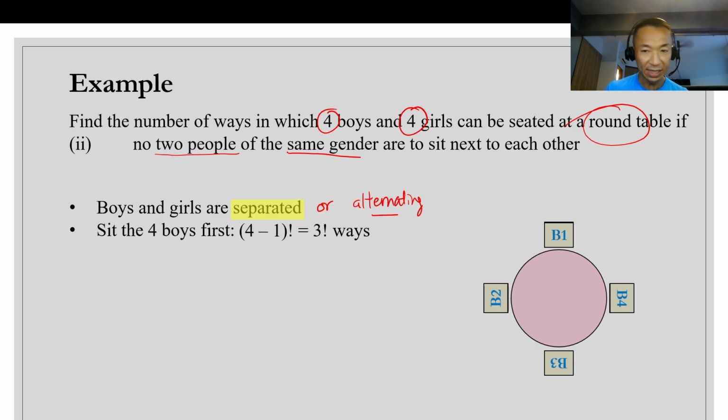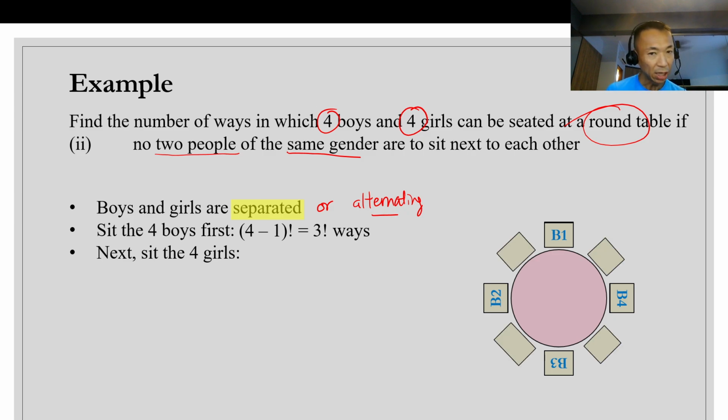Now, after you have seated the boys like that, B1 to whatever, this is one particular arrangement, then you will sit the 4 girls. The 4 girls cannot be seated anyhow. They must be in between any 2 boys. So you have actually 4 slots. In these 4 slots, it's not about seating since the boys are already seated in a particular way.